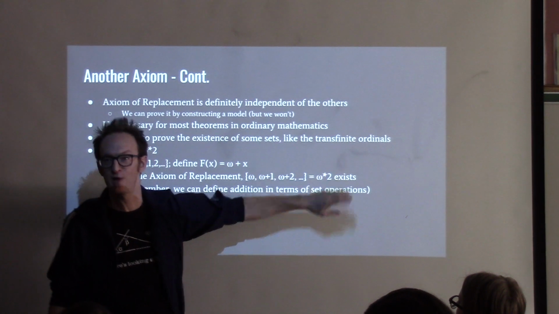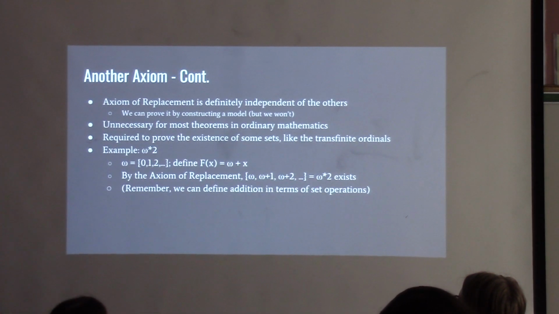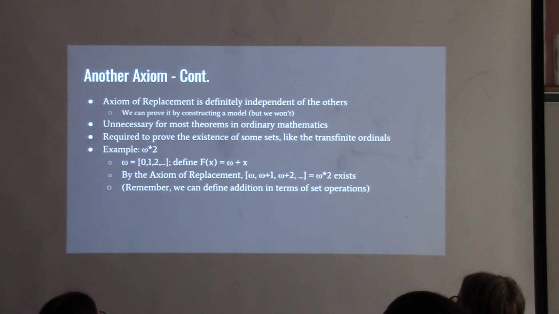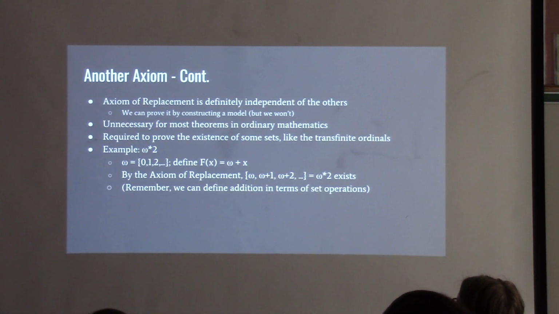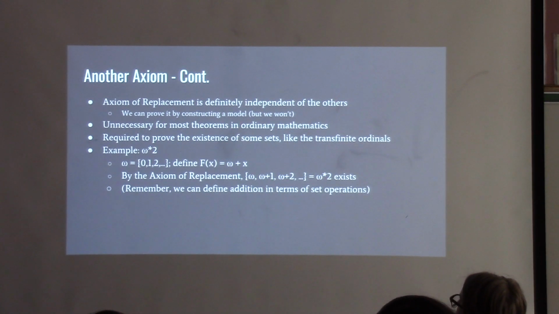It's just its own weird thing. I personally have never had a need for that set. But let's say you want that set. It can be shown that you cannot construct that set using the previous axioms, but with the axiom of foundation, with the axiom of replacement, you can.